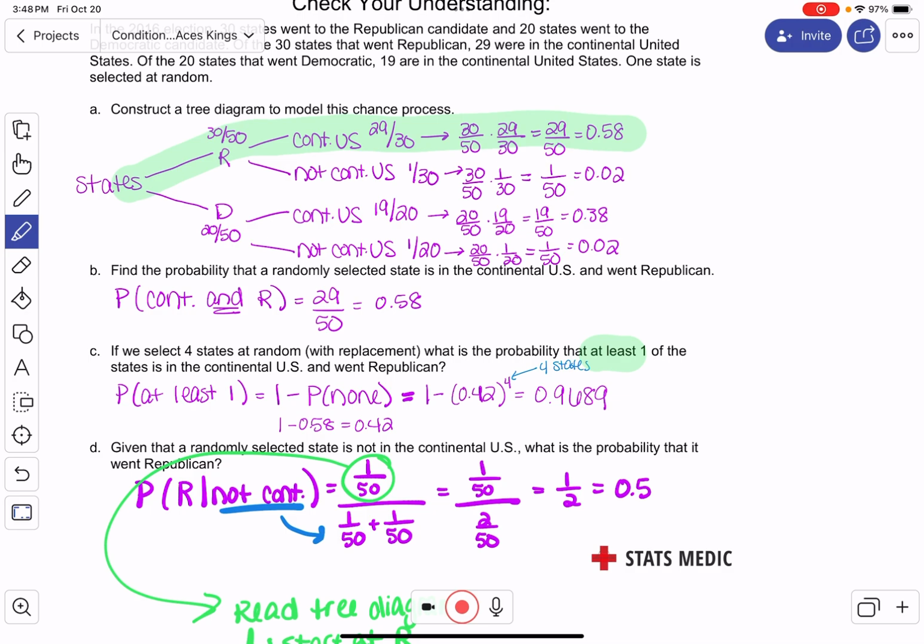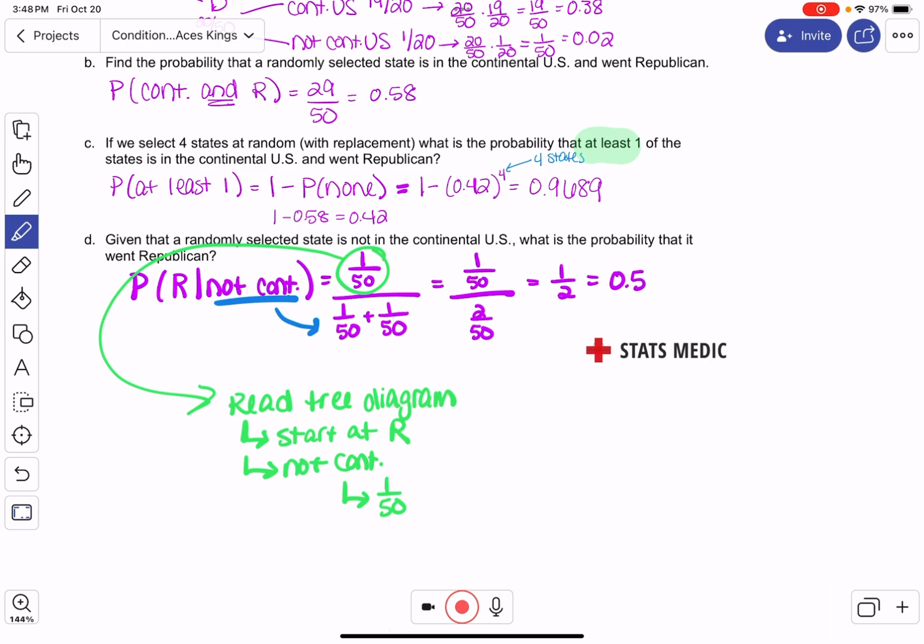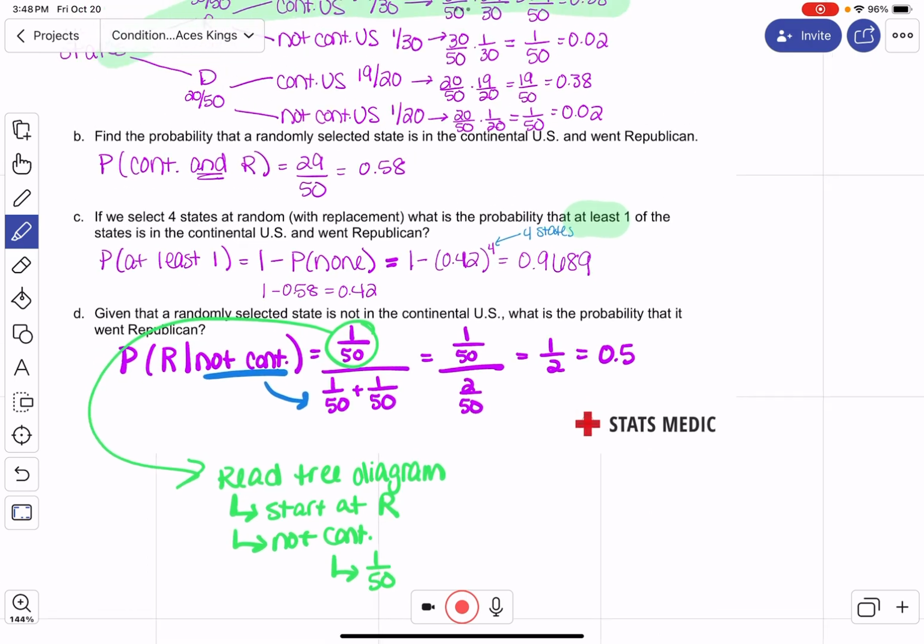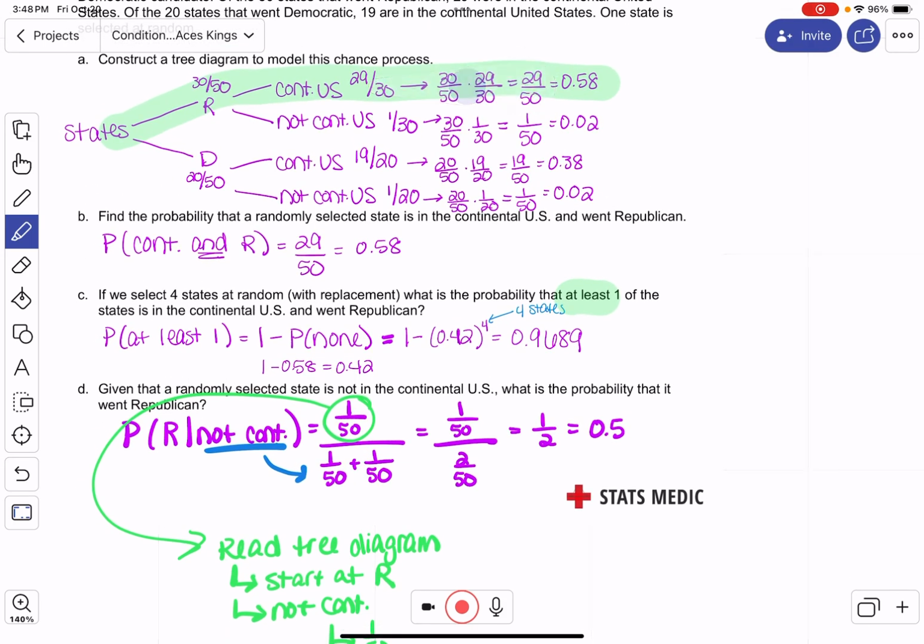So then we look at this one. Here's our given. The probability that a randomly selected state is not in the continental U.S. What is the probability it went Republican? So that's how we would express it. So not in the continental U.S., we add up those probabilities. So not, actually, let me do a different color here. So not in the continental U.S., not in the continental U.S. That's where the 1 over 50 plus 1 over 50 comes from.